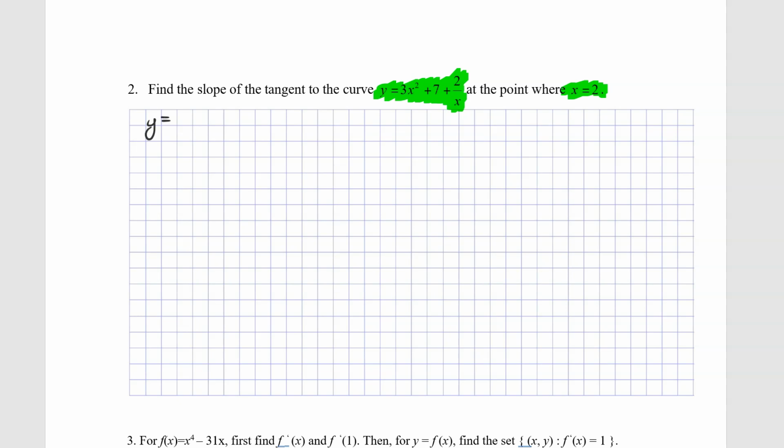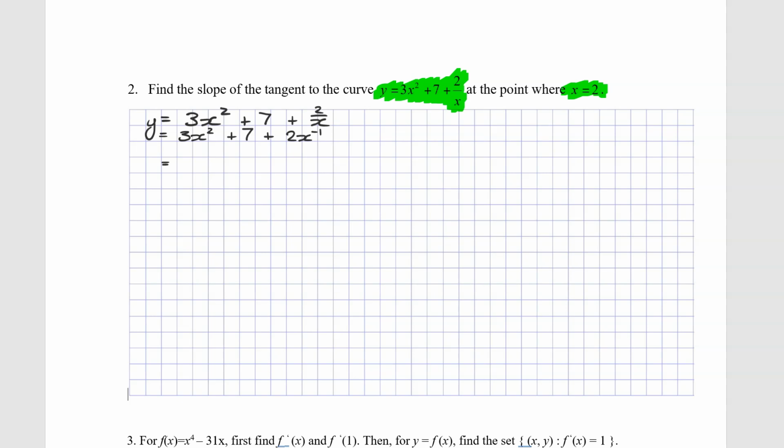Writing y out, we're going to get 3x squared plus 7 plus 2 over x. Notice with this one, it's nothing particularly challenging about the terms 3x squared and 7, but 2 over x, that's a little bit tricky, so we're going to rewrite it using our index notation. So it becomes 3x squared plus 7 plus 2x to the negative 1.